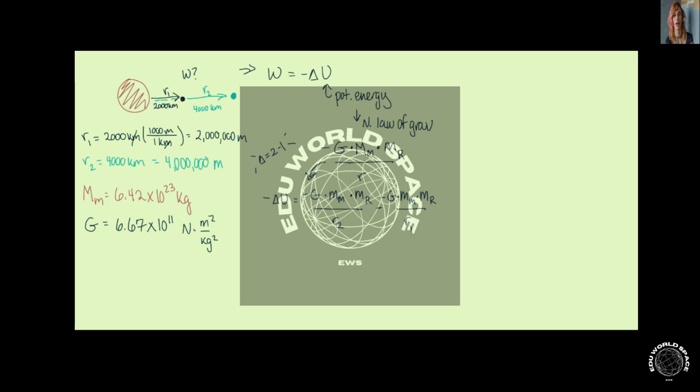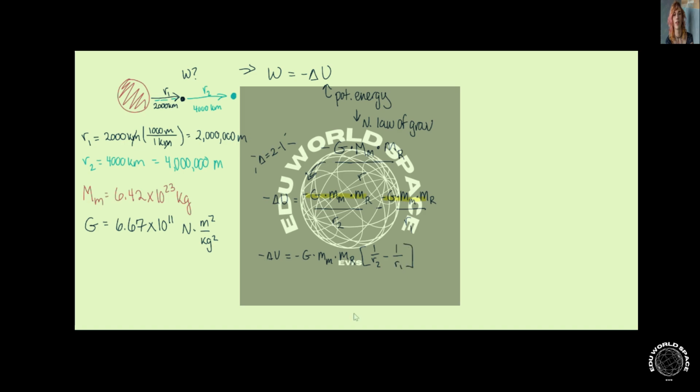Something to notice is that both of our numerators are the same, so we can factor that out. So what we're really going to get is negative delta U equal to negative G times the mass of Mars times the mass of our rocket, multiplied with 1 over R2 minus 1 over R1.